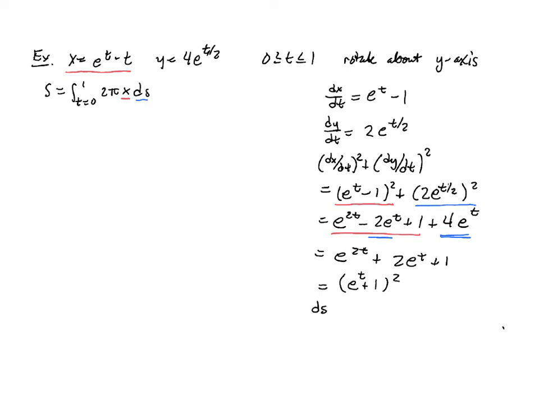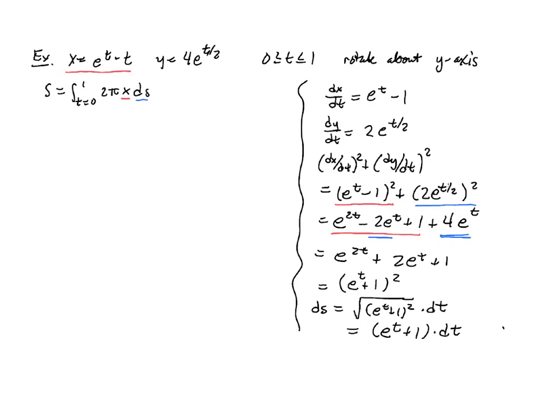So our ds formula is gotten by taking the square root of this and multiplying by dt. So we get exactly (e to the t plus 1) dt for our ds. That's all the scratch work on the side that allows us to take inventory.